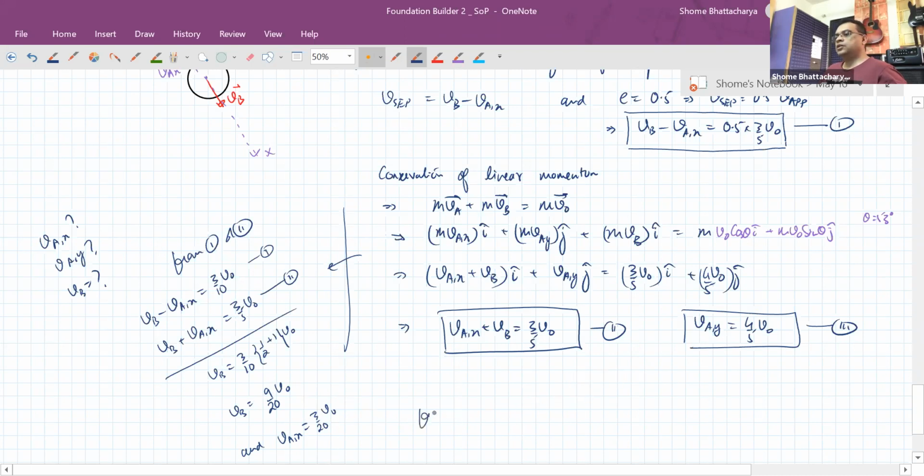And from equation 3, directly we have this.